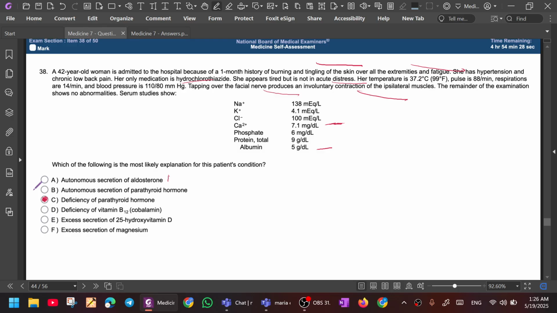Not really. Talking about that one from yesterday, the CRAB one. Hypercalcemia CRAB, multiple myeloma. Wait, no, that's hypercalcemia. It's not hypo, it's hyper. Okay, it's not that one.